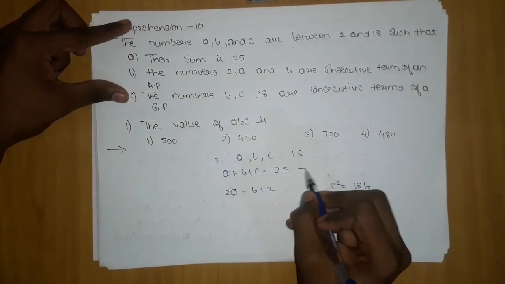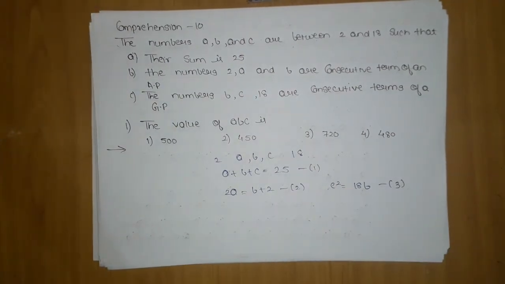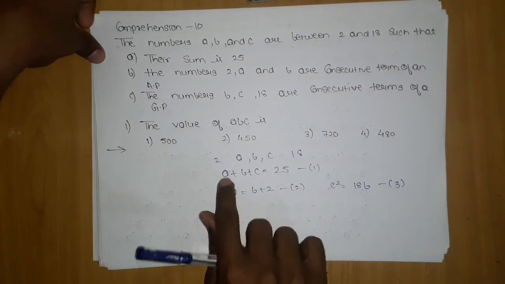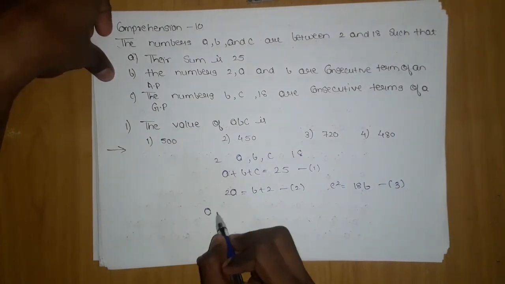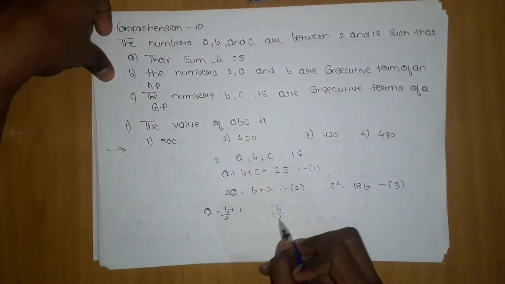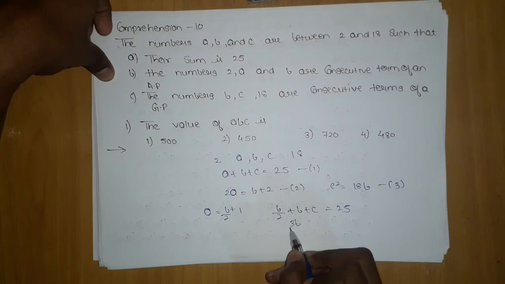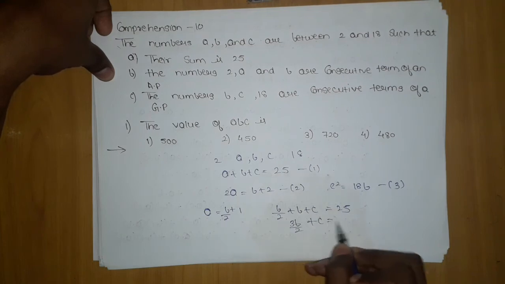So we have these equations 1, 2, 3. We can substitute a here. From 2, a will be b by 2 plus 1, so I will substitute here b by 2 plus 1 plus b plus c is equal to 25. So I am getting 3b by 2 plus c is equal to 25.